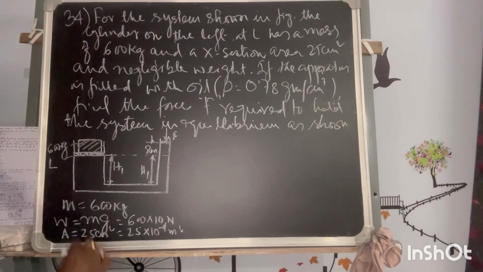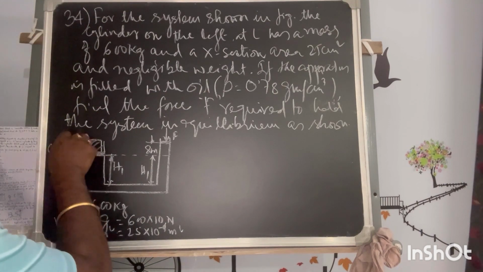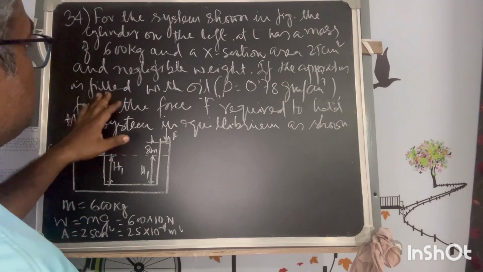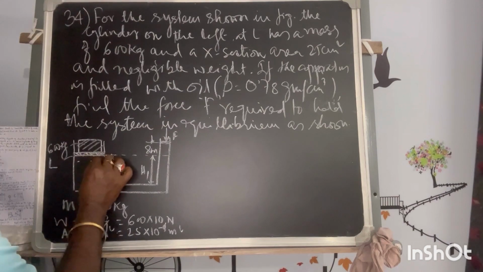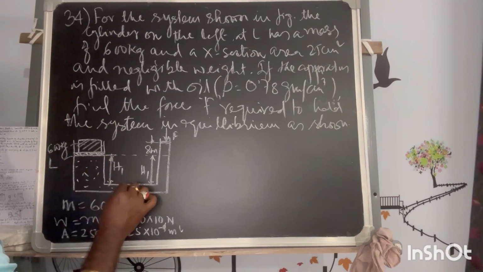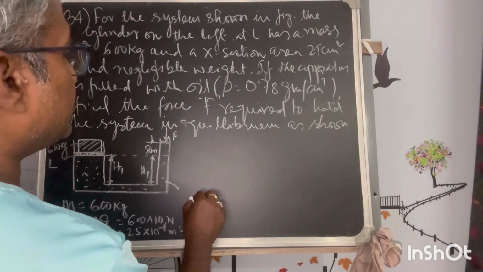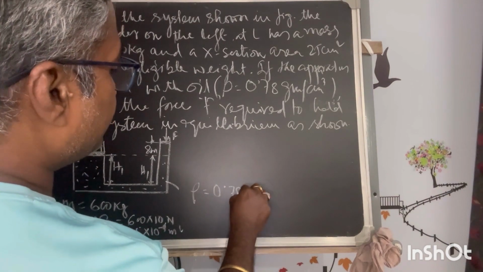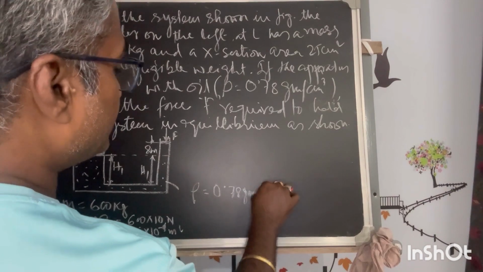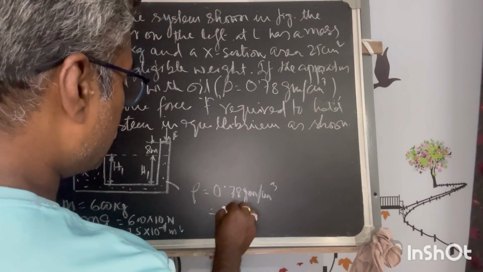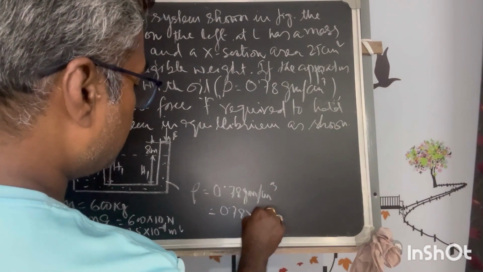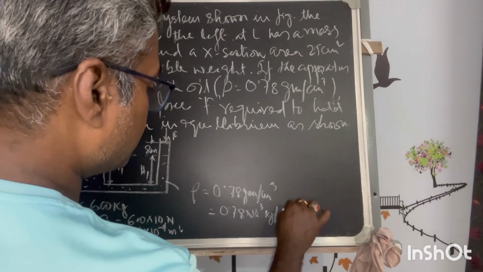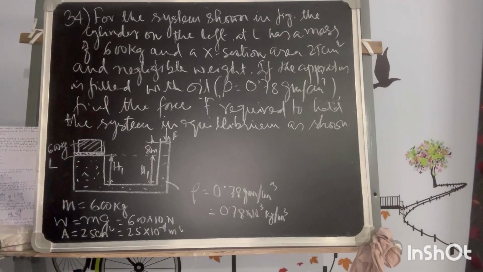So the force comes only from this. If the apparatus is filled with oil whose specific gravity or density is 0.78 gram per centimeter cube, that has to be converted into SI unit by 10 to the power 3 kg per meter cube. You will know this conversion well.